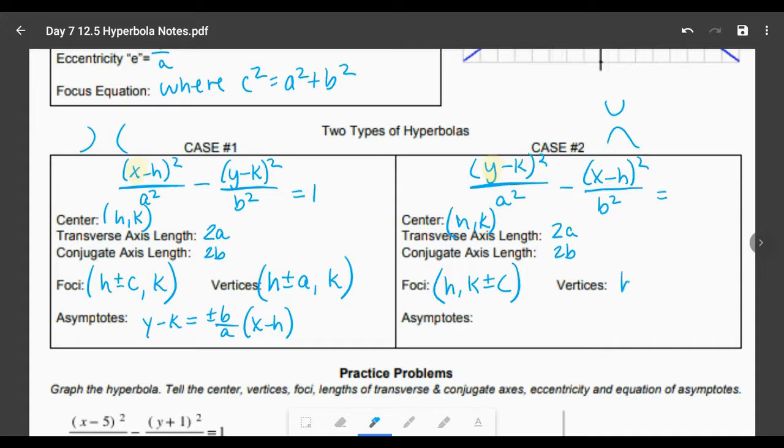And the vertices, we add or subtract a from the original center. All right, the asymptotes are essentially diagonal lines that connect the box that goes around the center of the hyperbola. And these two equations are very similar.